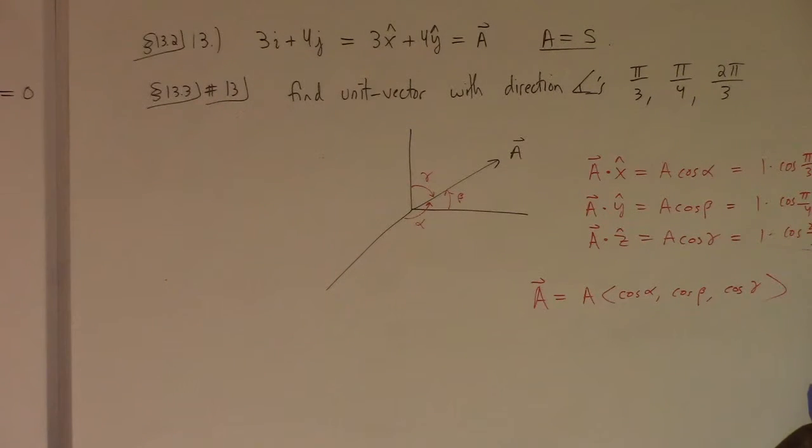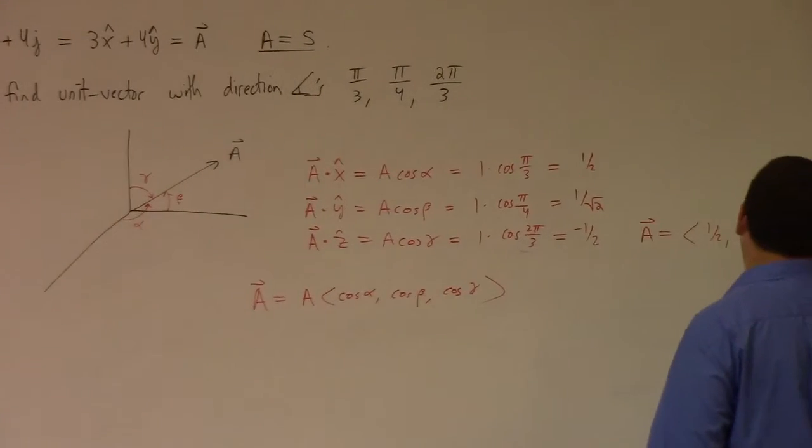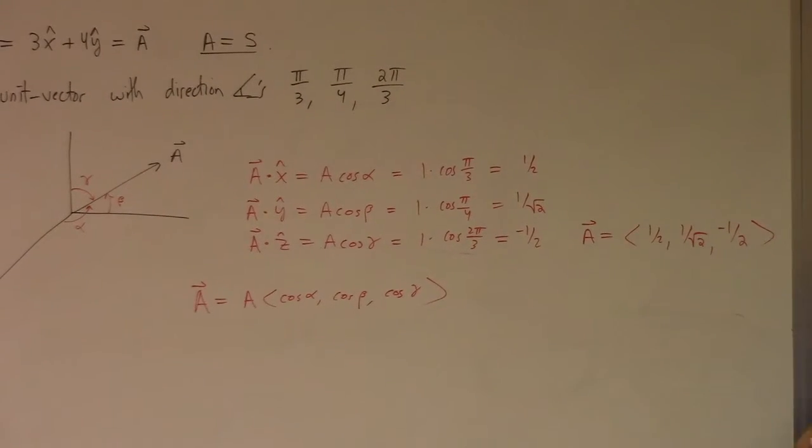Negative 1/2 sounds right, because then that gives me A equals 1/2, 1 over square root of 2, minus 1/2. And I could put a hat on that because it's got length 1, right? 1/4 plus 1/2 plus 1/4, otherwise known as 1. I can calculate the length, it's 1.